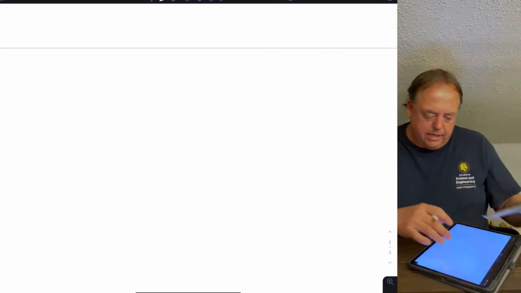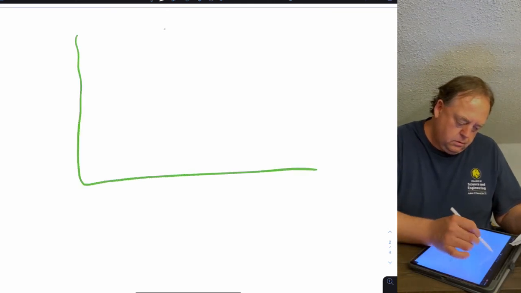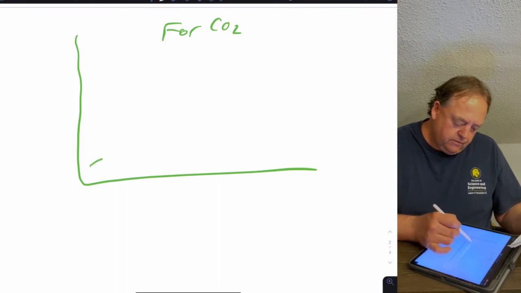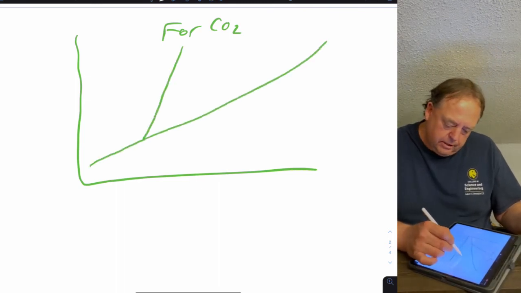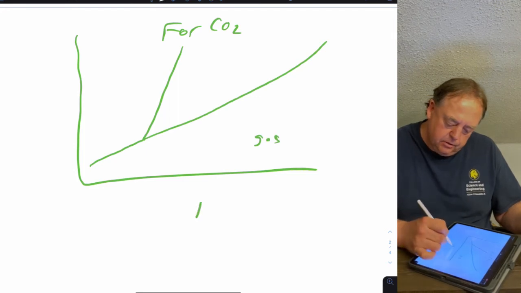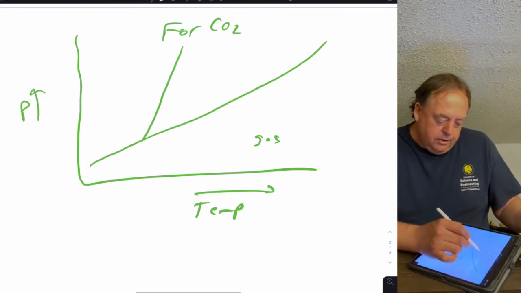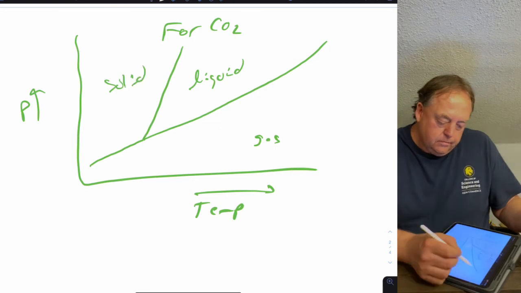Okay, so one more example. So for CO2, its phase diagram looks like this. So again, this will be gas, with temperature increasing that way and pressure increasing this way. And this will be liquid and this will be solid.